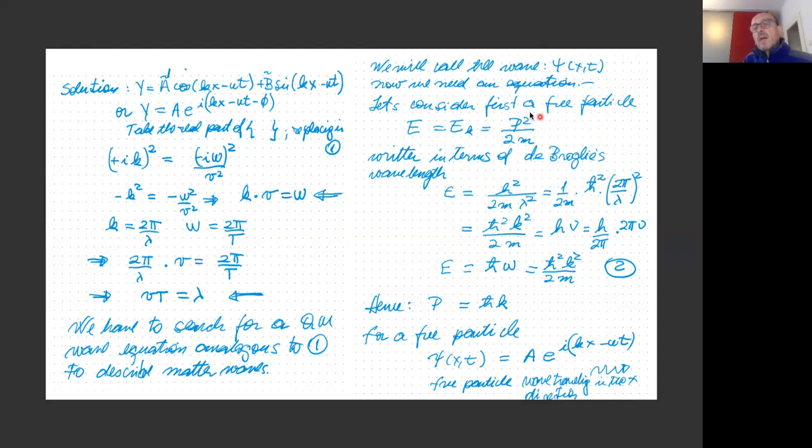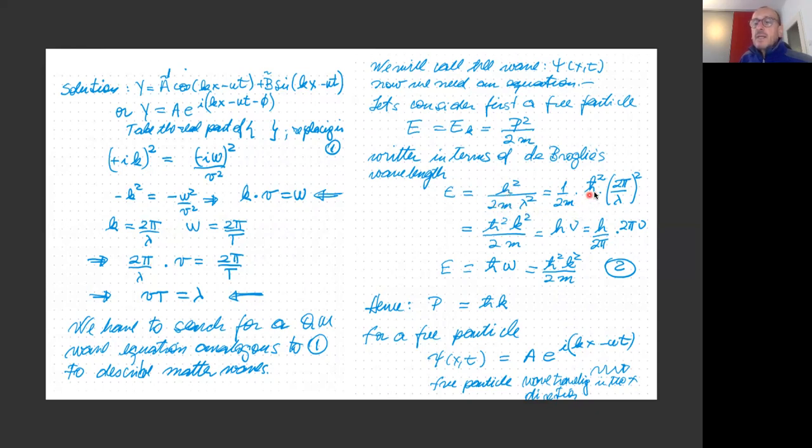So if you have a momentum p, the momentum is equal to the Planck constant divided by the wavelength associated to that particle. So I've done this here and replaced in this expression h divided by lambda.